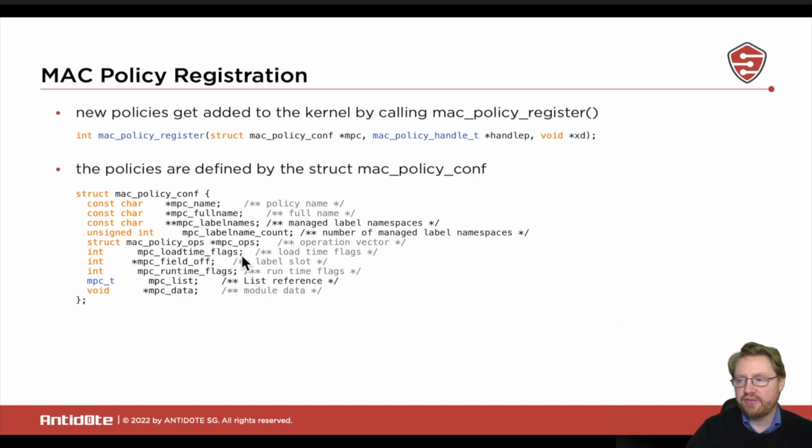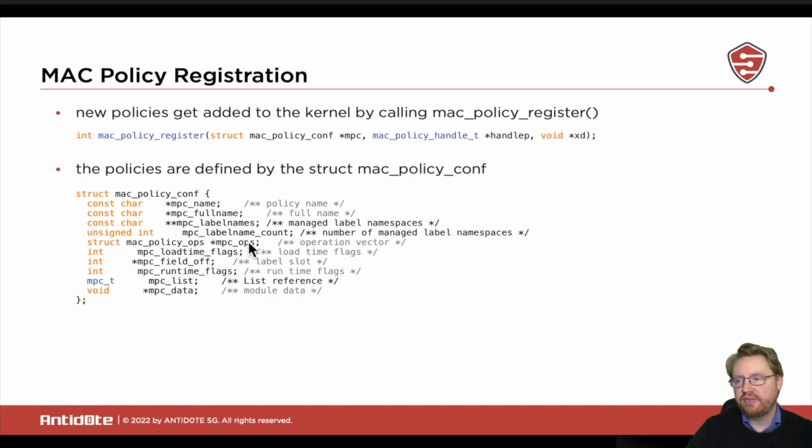Then of course you have some flags here, that's not so important. There's just load and runtime flags. Oh yeah, the field offset: this is where, when your policy module gets a label assigned, the first label slot that it gets assigned is basically written into the field offset so that the policy module knows which label is actually assigned to it.